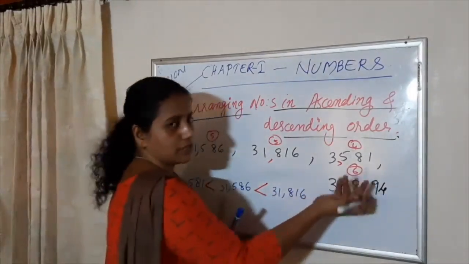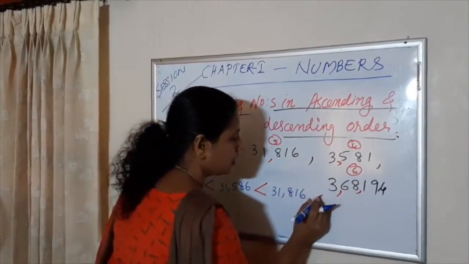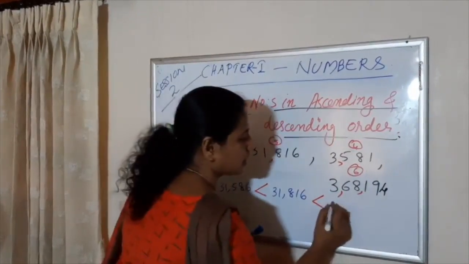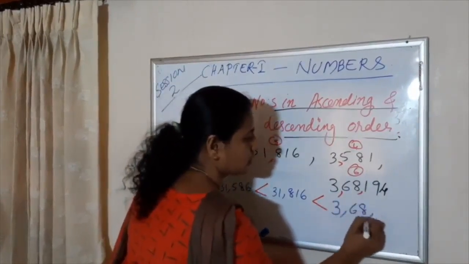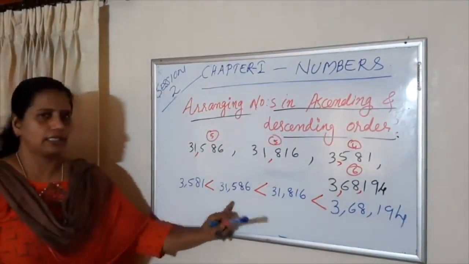After that, which is the biggest number? It is the 6-digit number. So 3,68,194. You can arrange it this way.